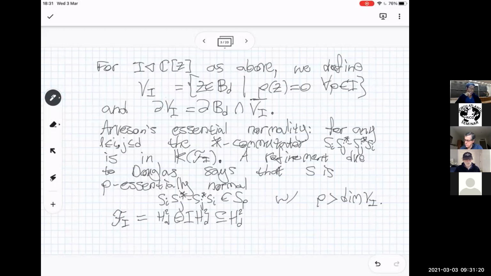Well, it has an inner product. I guess it's closed. Maybe I should say it's closed. It's a closed subspace of a Hilbert space, and that means it's a Hilbert space. Every orthocomplement is closed, so that's a Hilbert space. We're talking about bounded operators on this Hilbert space. That's correct.